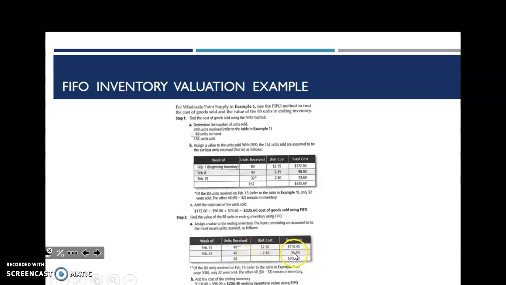So adding these costs together, our ending inventory is $206.40, because we sold the first items, and the last items that we purchased are still in inventory, because this is first in, first out.